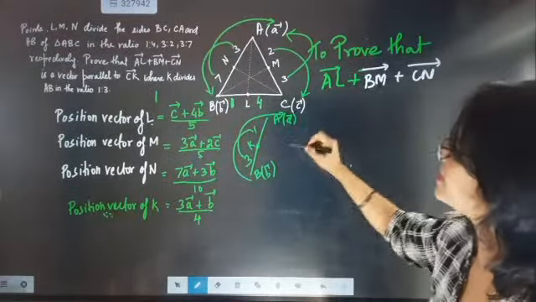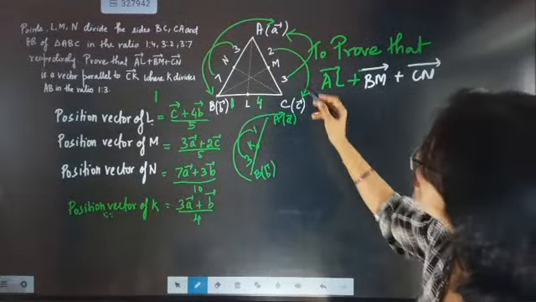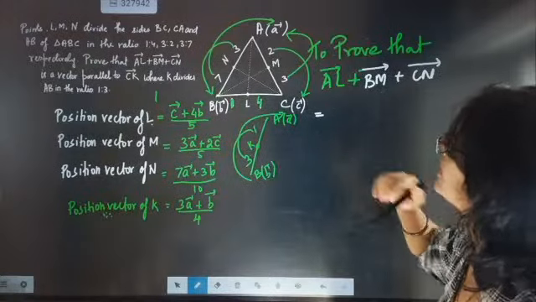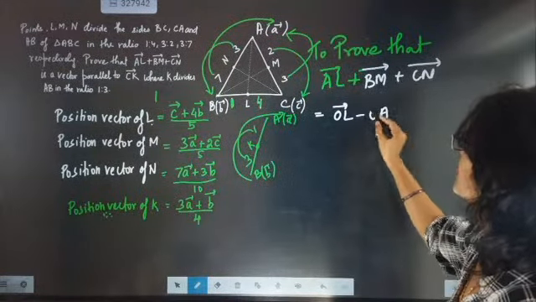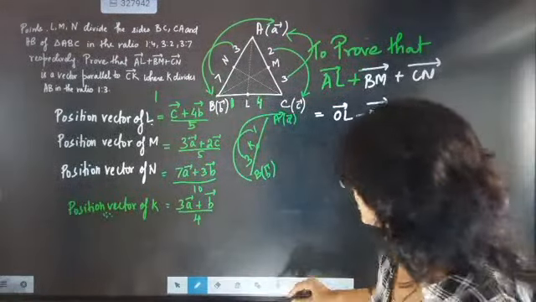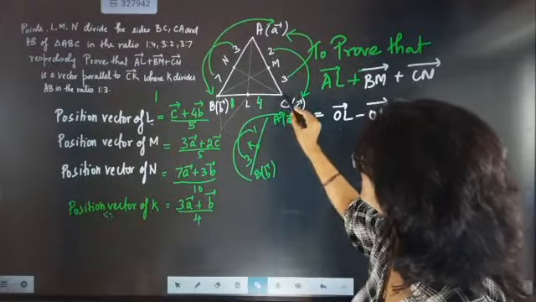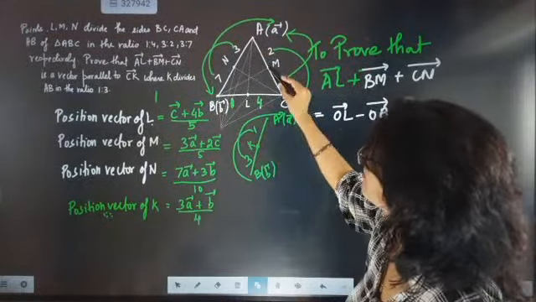So how to write AL vector? AL vector will be written as OL vector minus OA vector. Why did I write this? Because for position vectors, everything is connected to the origin: B vector, L vector, C vector, N vector, A vector, M vector.